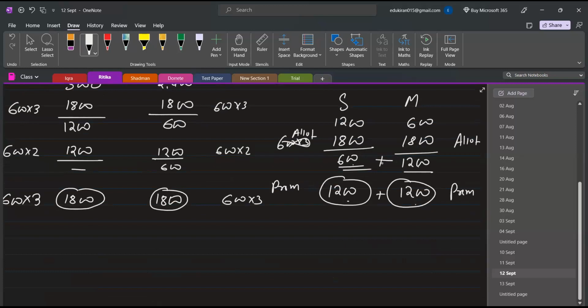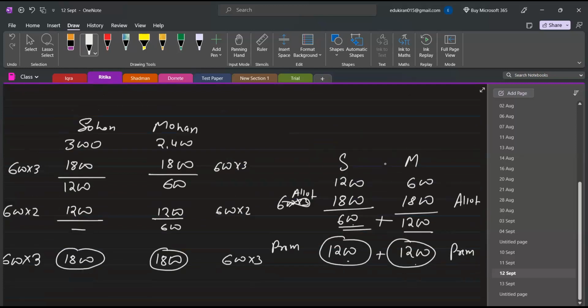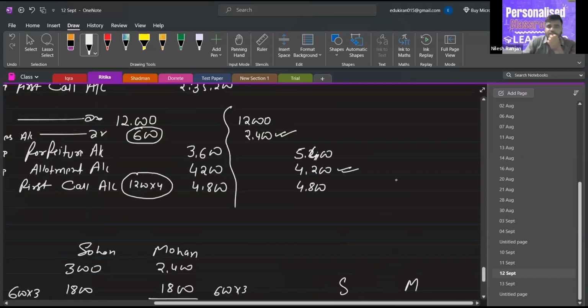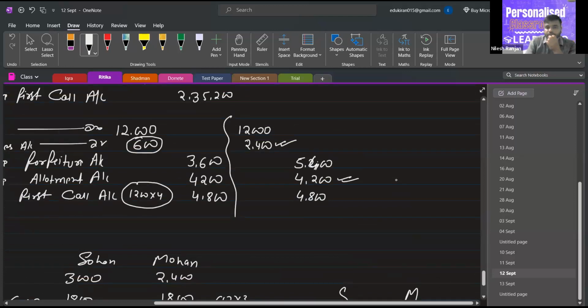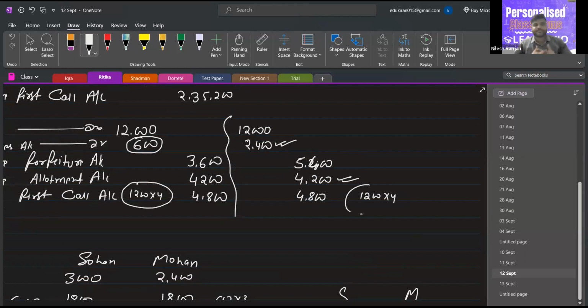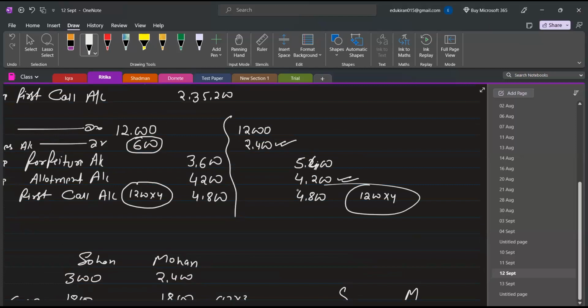And the last one is 4800, that is 1200. Is this clear? So actually, if you don't solve this question at home, then you will not understand a single part.